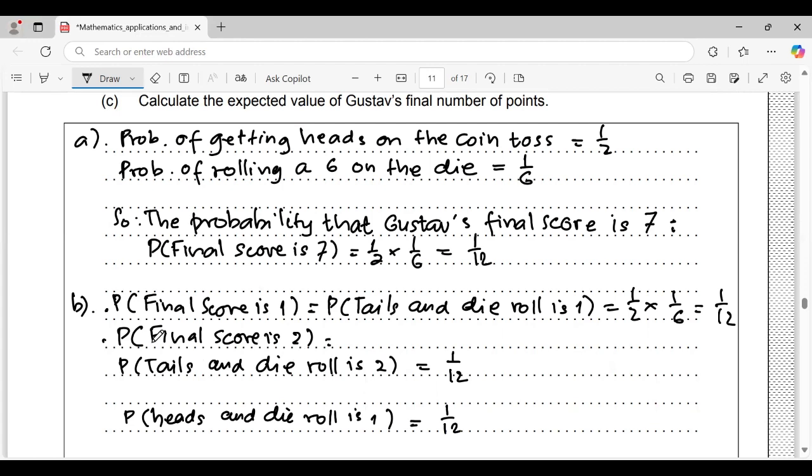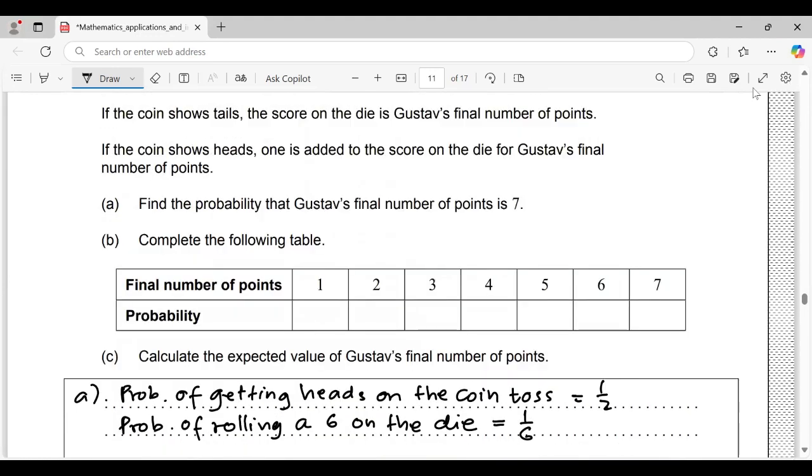So probability final score is 2 is this probability plus this one, 2 over 12, or 1 over 6. So this is here 1 over 12, this is 1 over 6, and this is 1 over 12.